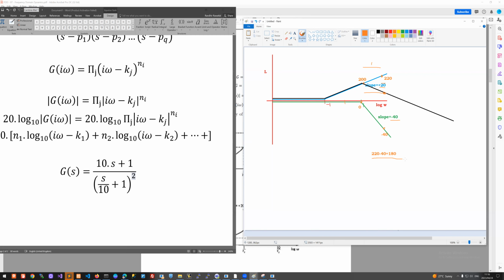So you could generalize this form here, and effectively you'll find that you are subtracting the two slopes. So your plus 20 minus 40 gives you on balance minus 20. So this slope is minus 20.